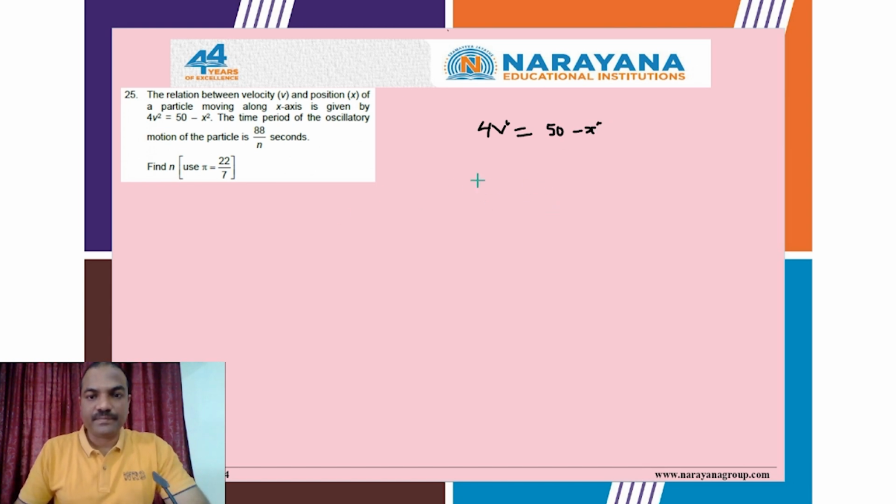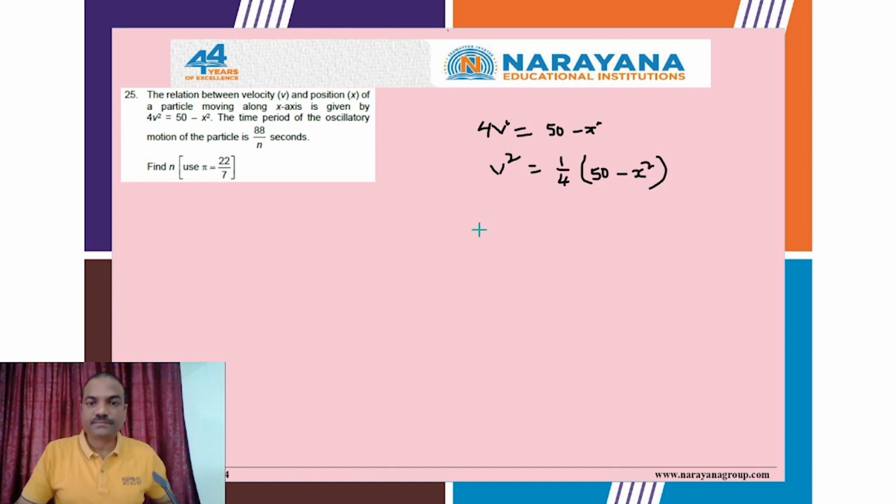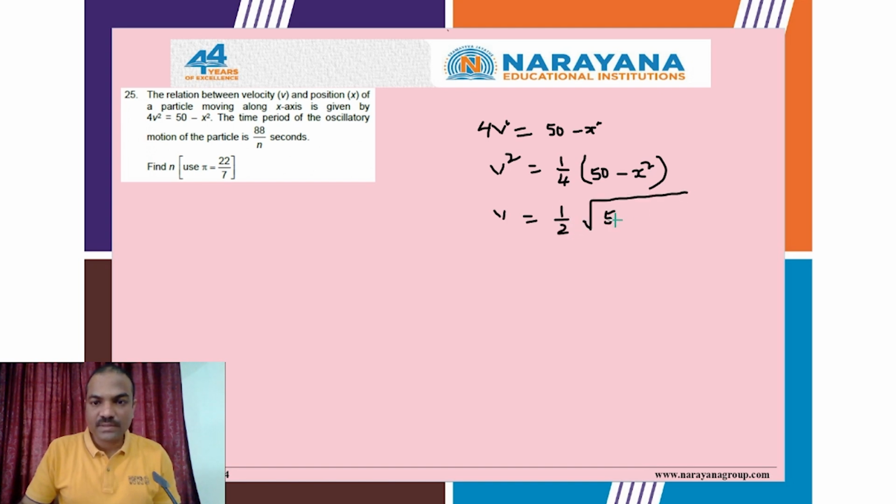Now what is the v square value? v square is equal to 1 by 4 times of 50 minus x square. So then v is equal to 1 by 2 times under root 50 minus x square.